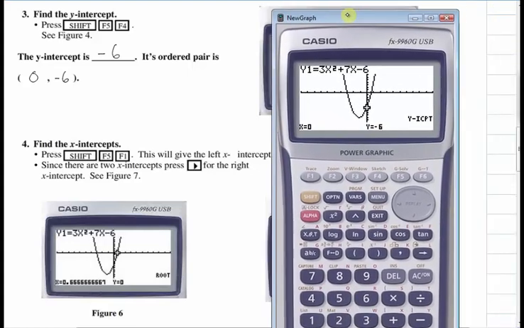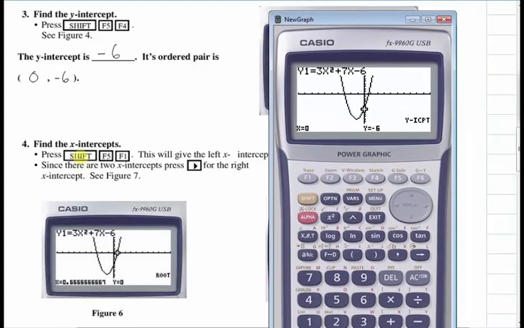Okay, and so we're going to Shift F5 again, so Shift F5 for the G-solve, and this time we want our x-intercepts. Now your x-intercepts are your roots, okay? So on this calculator it says root, so you press F1, and there you go, you get one of your x-intercepts at -3 and 0.